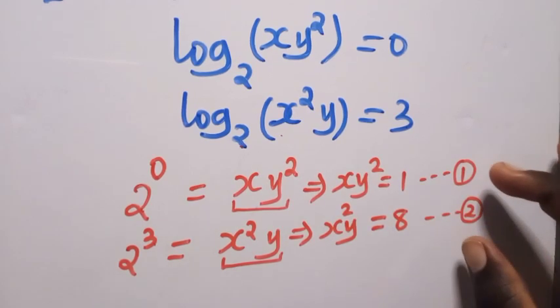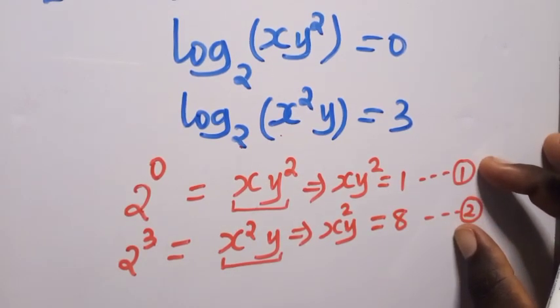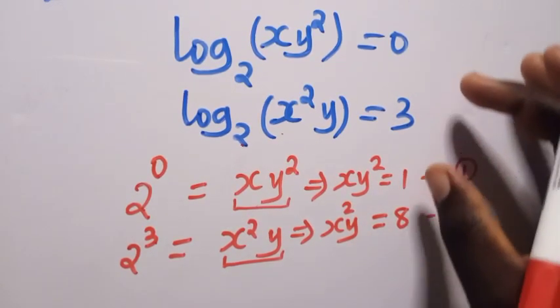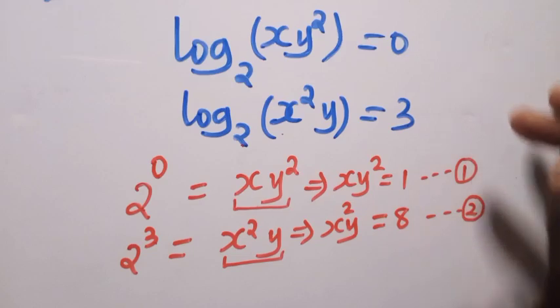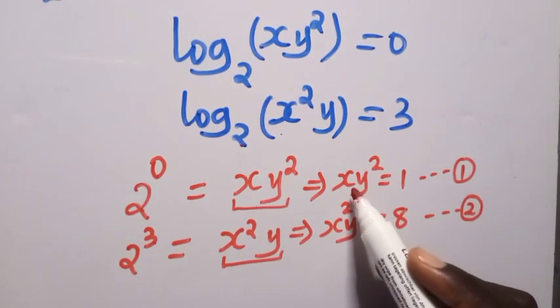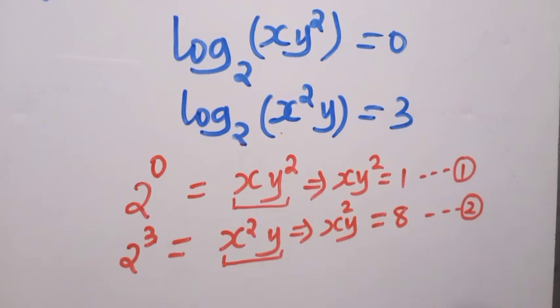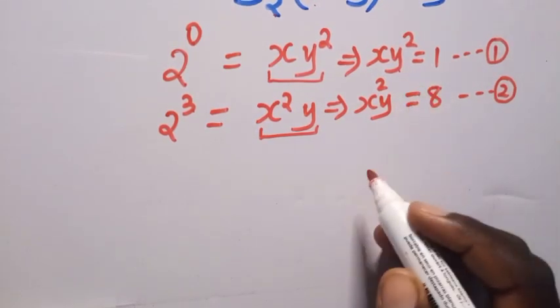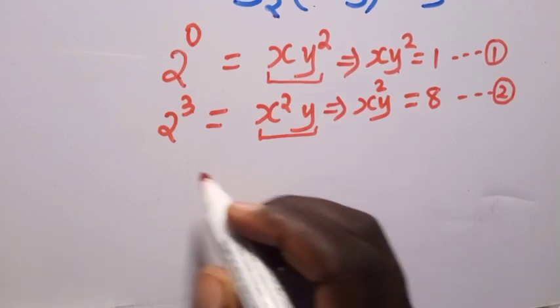Since we have obtained two equations from these two simultaneous logarithmic equations, we shall proceed to solve for the value of x and for the value of y. From equation 1, we can make x the subject of the formula.